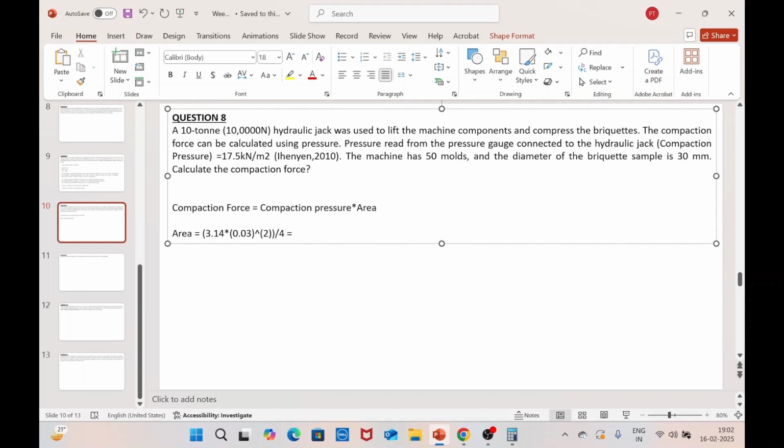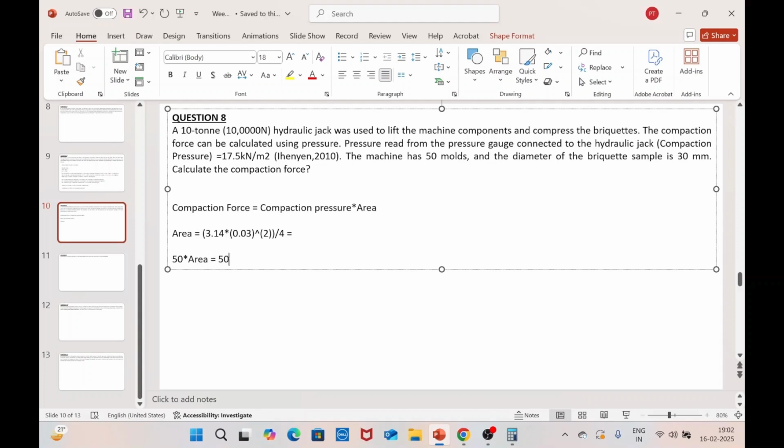Is it fine? So you just need to calculate this area for one mold. Like that, you're going to have 50, so the total area will be 50 times the area of each one.